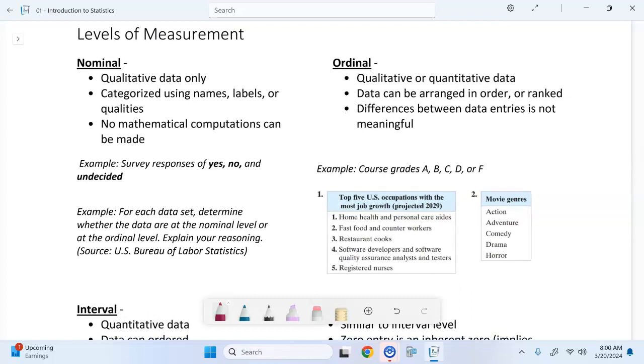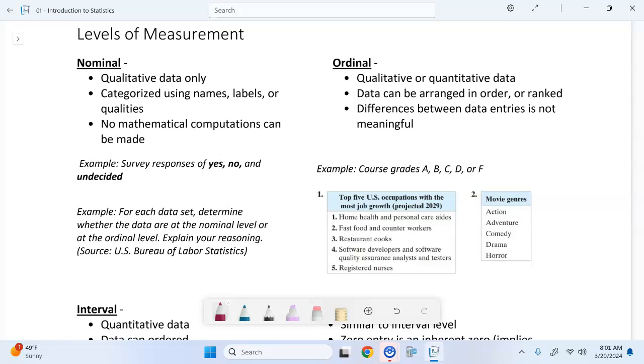Now we've got levels of measurement. Four levels of measurement. The first is nominal. Nominal as in names. It only applies to qualitative data. So if we have quantitative data, we know it's not going to be nominal. When we have data categorized using names or labels or qualities, what it breaks down to is there's no mathematical computation that can be made.